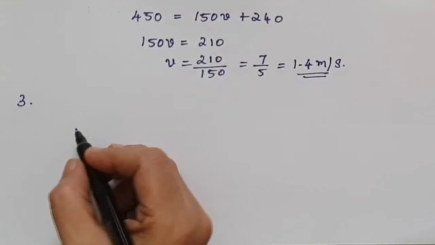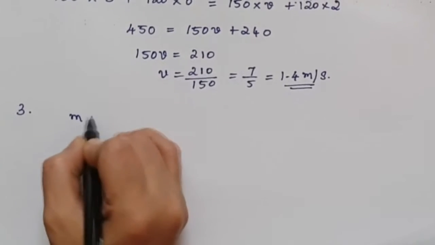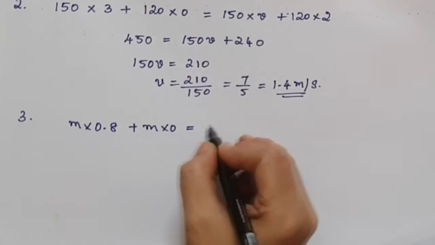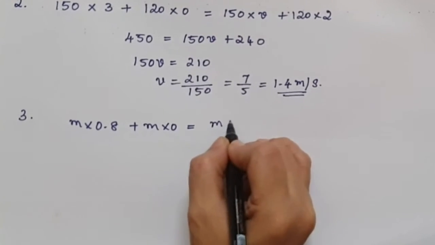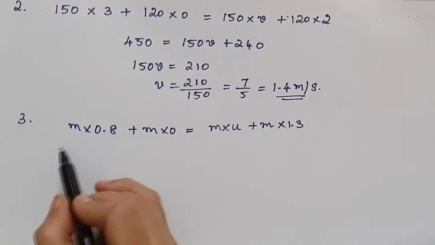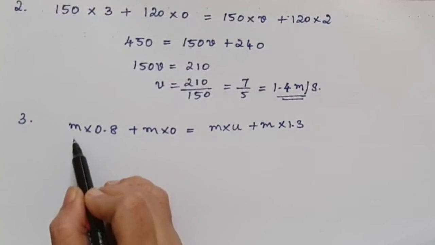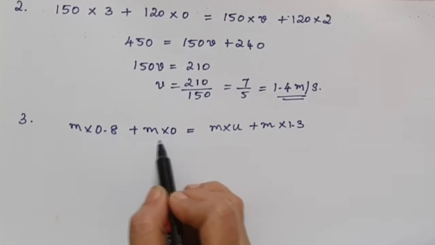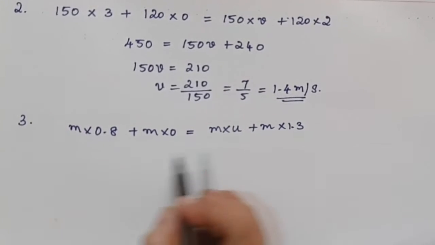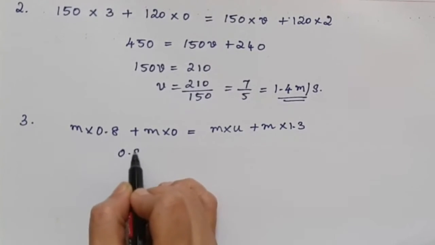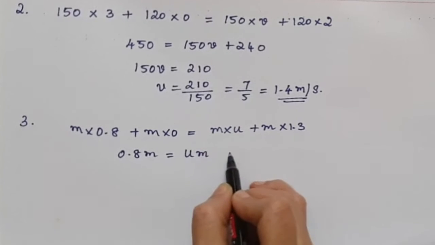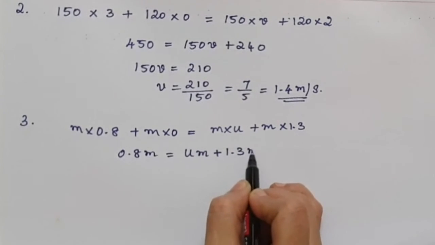Now when we substitute all our values, we have m into 0.8 plus m into 0 will be equal to m into u plus m into 1.3. When we substitute all the values given in the question, this is 0.8m, this is a 0, that will be equal to um plus 1.3m.